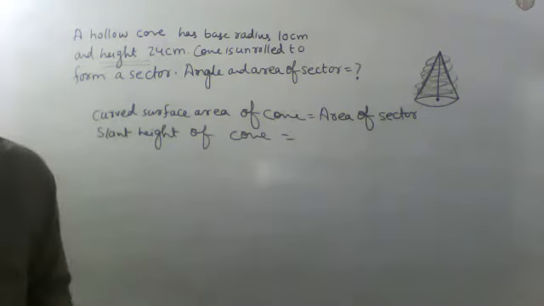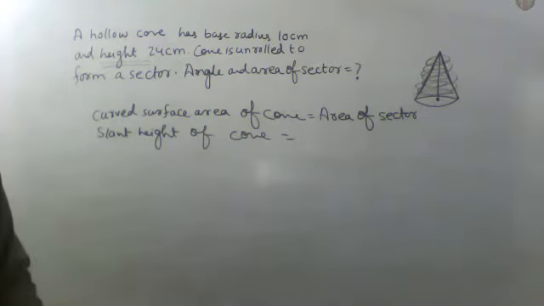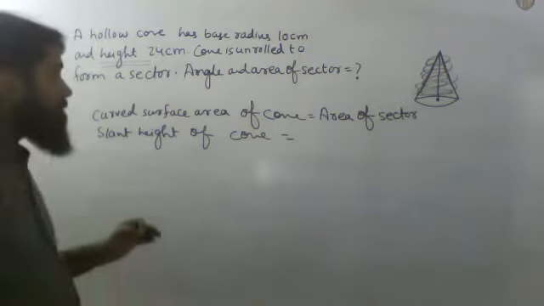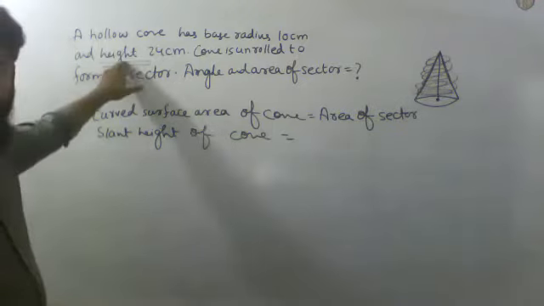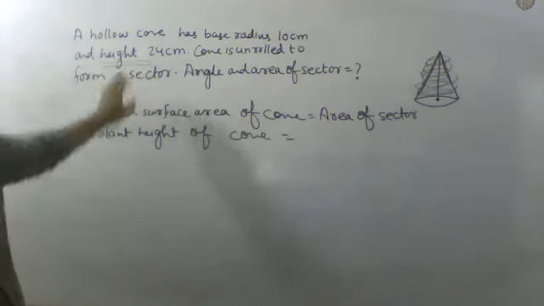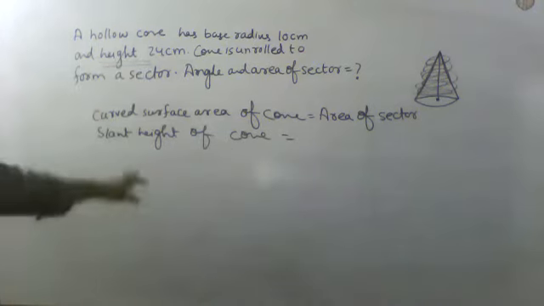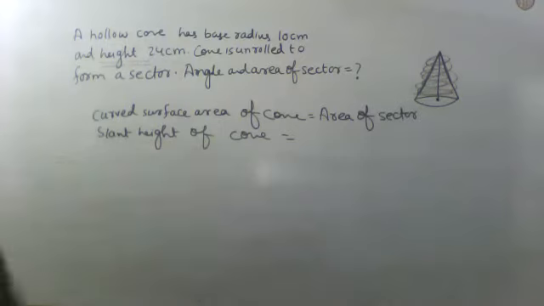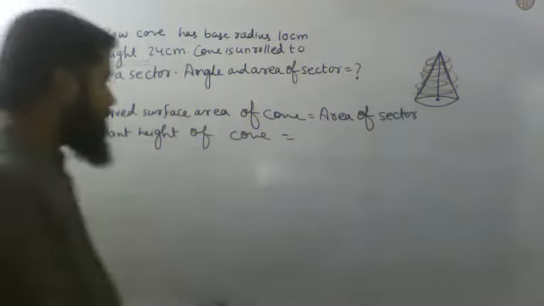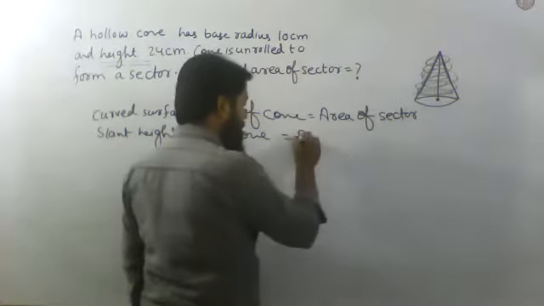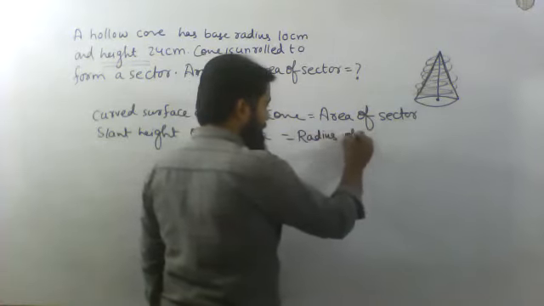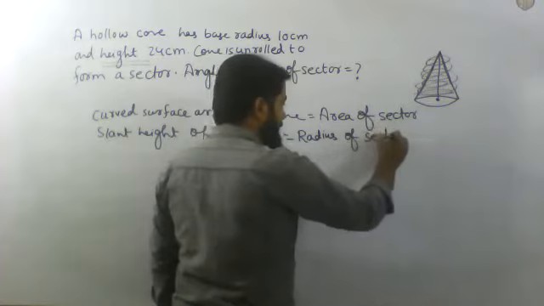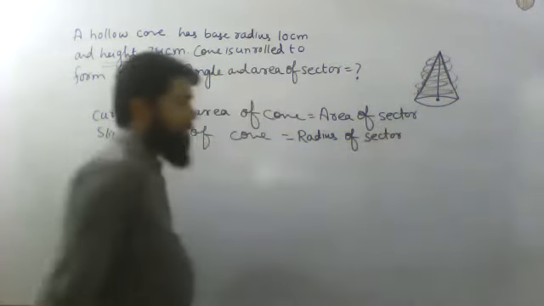If it is written height only, it means they are giving you the perpendicular height. Now, slant height of the cone is equals to radius of sector.